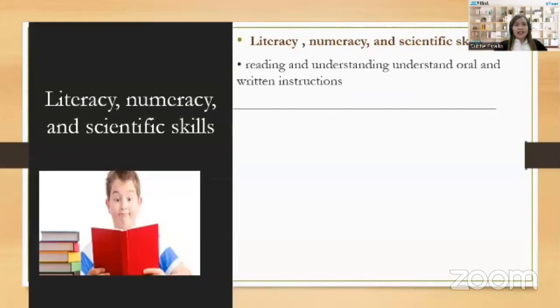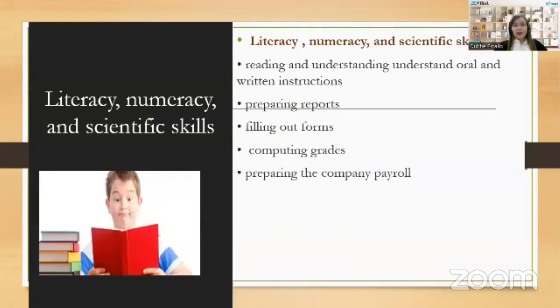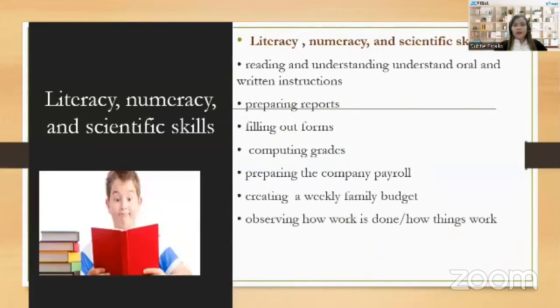Okay, they can use these skills when reading and understanding oral and written instructions, when preparing reports, when filling out forms, when computing grades, especially for those who will also end up becoming teachers just like us, when preparing the company payroll, for example, when creating a weekly budget, a family budget, a personal budget, a travel budget, for example, and in observing how work is done or how things work, as well as experimenting with various gadgets, various systems, even various products.